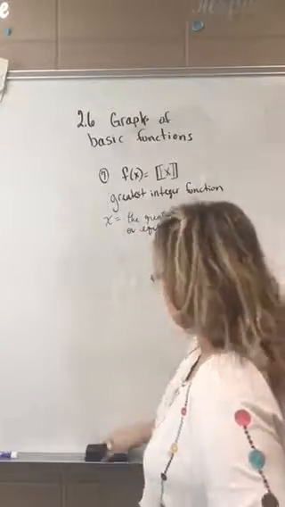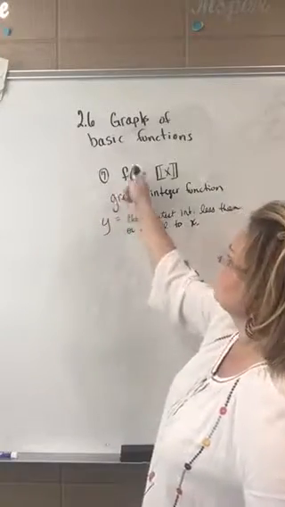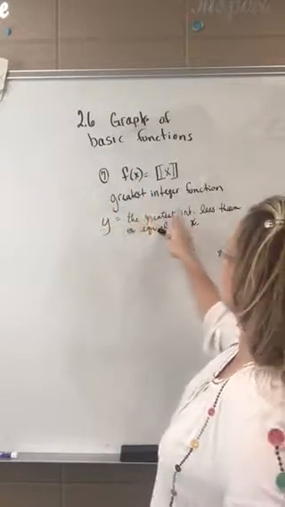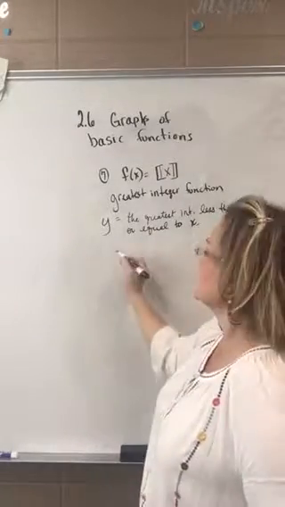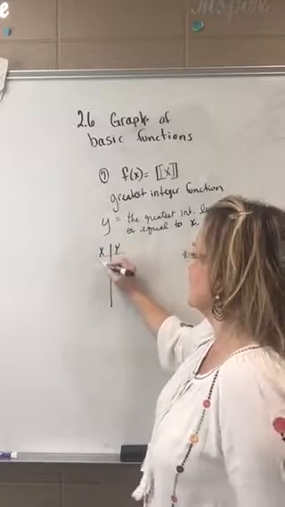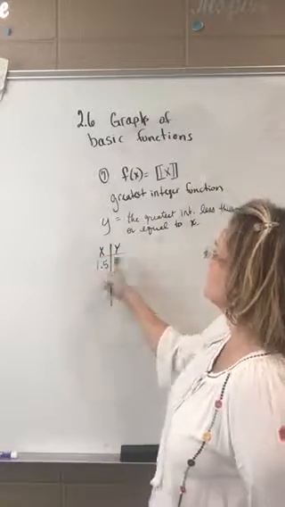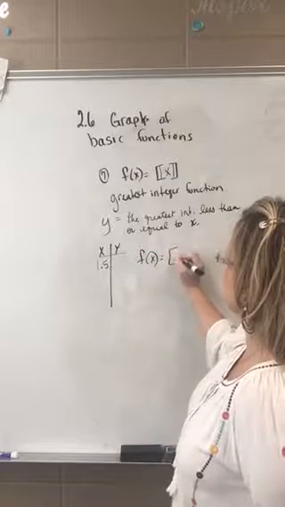Let me fix that. The answer for y, sorry about that. y will equal, the output is the greatest integer that is less than or equal to what you plug in for x. For example, let's plug in 1.5.